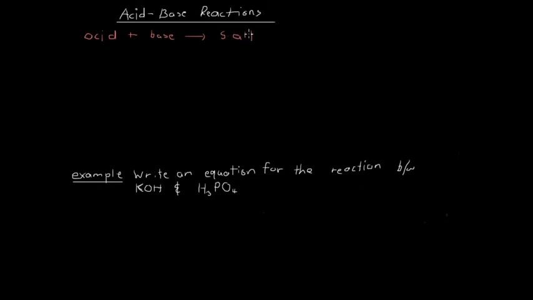and water produced. Now what this means, as you may or may not know, is that a salt is basically just an ionic compound. The word salt really just refers to an ionic compound. When we have an acid and a base, there's going to be some hydrogen and some hydroxide in the acids and the bases.